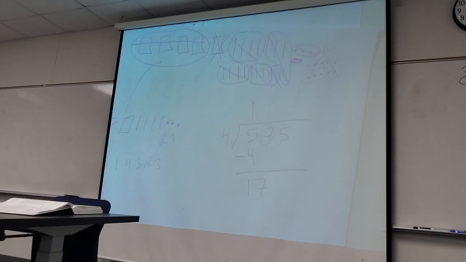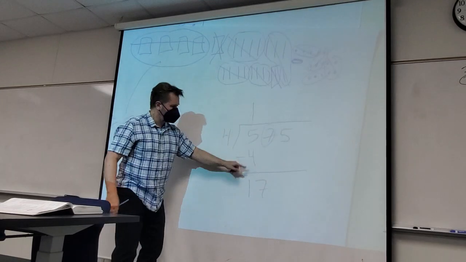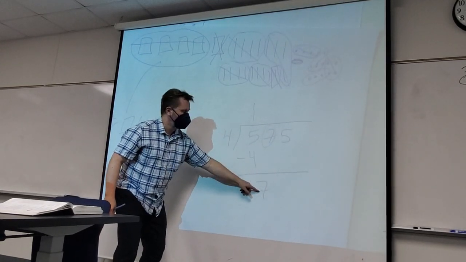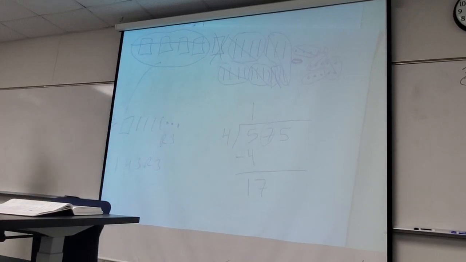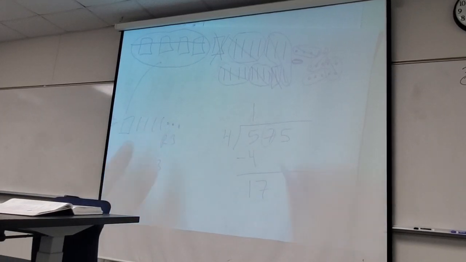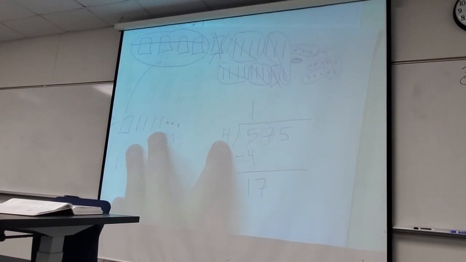But then you say, didn't we get 17 longs? That's 17 longs. 4 goes into 17. We're going to do the full standard algorithm, just like we totally know it.